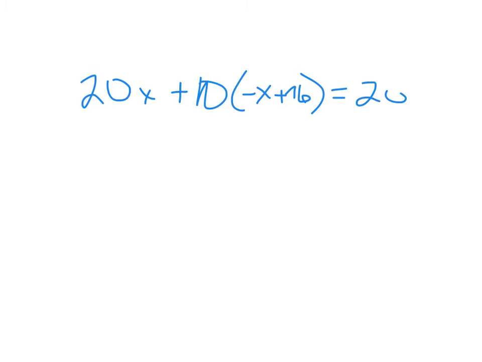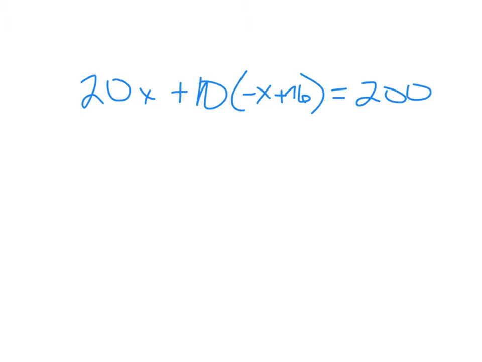Equals 200. Does everybody understand what I did there? Only you, Wally, said yes. What did I do? Here you can see the negative x plus 16. I plugged it in. So now I just solve for x.